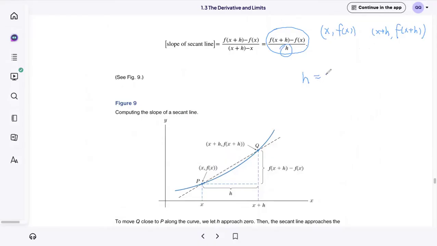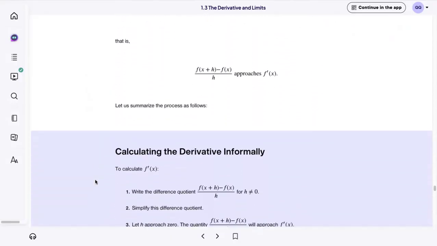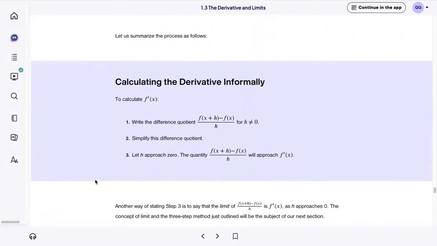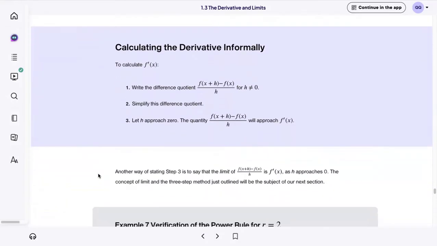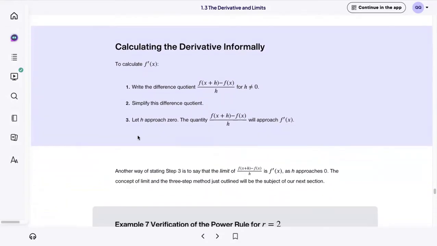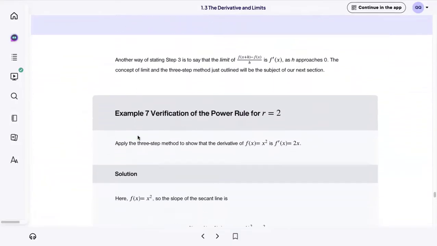This h comes from x plus h minus x, right? We have x2 minus x1. And the top, the numerator, is f of x plus h minus f of x, y2 minus y1. So this is called the difference quotient. So what do we do with the difference quotient?